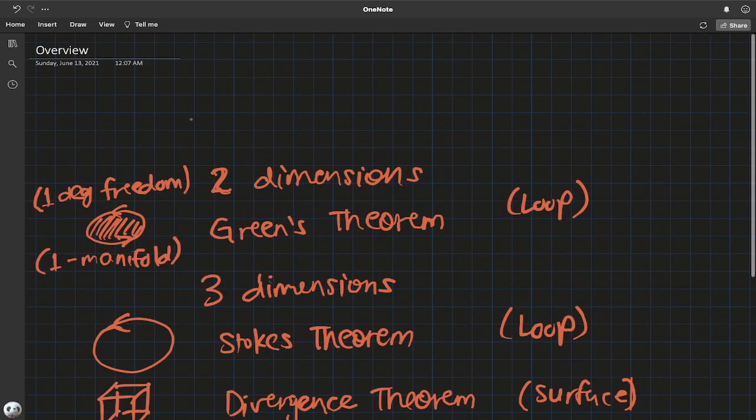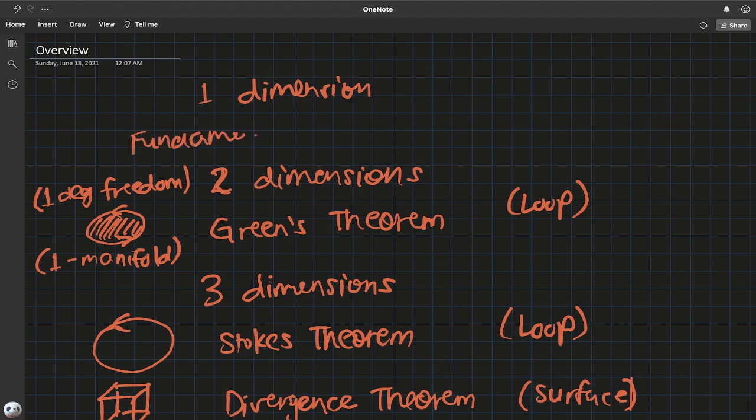And then for 1 dimension, we had a very simple theorem which was called the fundamental theorem of single variable calculus, which said that when you're integrating from point A to point B, you take the antiderivative and then plug in the end point minus plug in the start point.